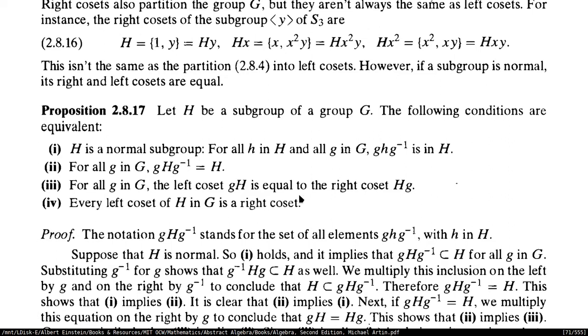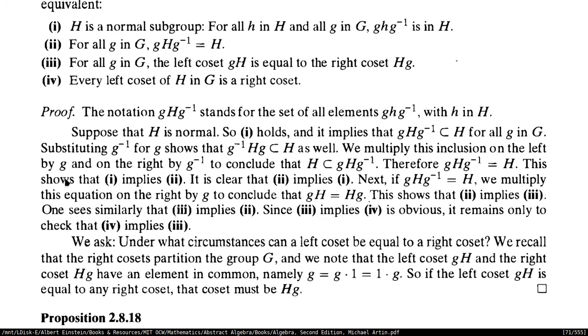That's the definition of a normal subgroup. And then for all g in the group, the conjugate of the subgroup is equal to the subgroup itself. That also makes sense. And for all the elements in the group, the left coset is equal to the right coset. That's just what we said earlier. And every left coset of H in G is a right coset. Well, that's the same.